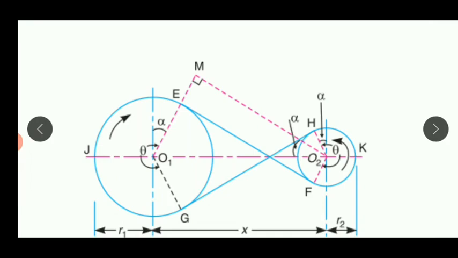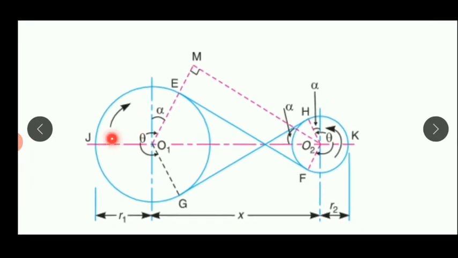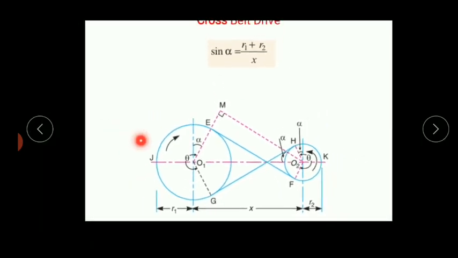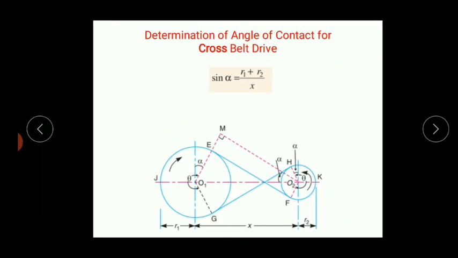So either on the larger pulley or on the smaller pulley you can easily calculate alpha with the help of this formula: sin alpha is equal to r1 plus r2 divided by x. And the angle of lap, in the flat belt it is 180 minus 2 alpha. In case of cross belt it is 180 plus 2 alpha.